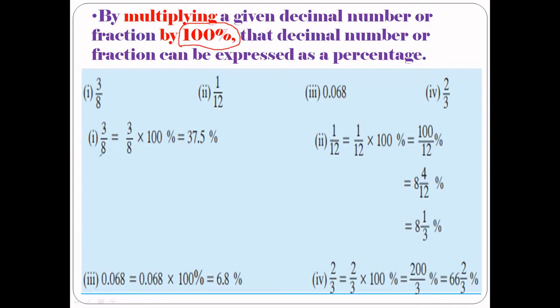Here 3/8 is the fraction, multiplied by 100%. If you want, you can put denominator as 1, because below all the whole numbers 1 is there. Now let's multiply 3 into 100, 300.